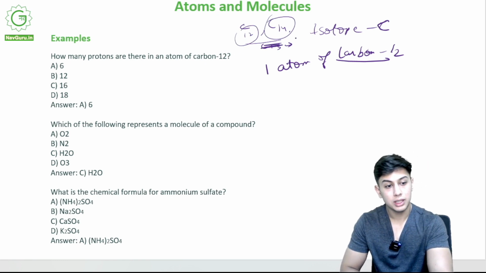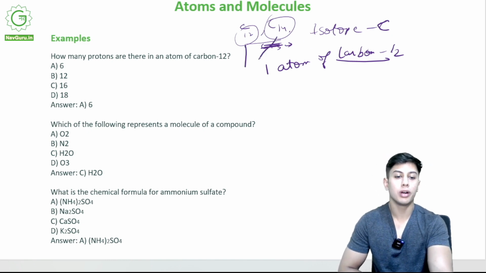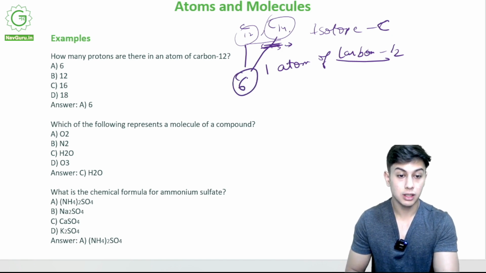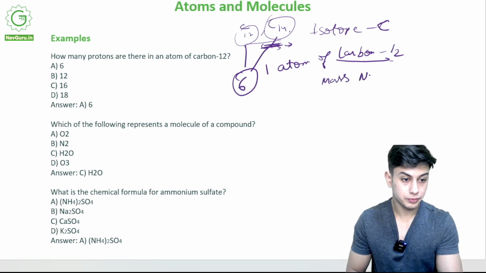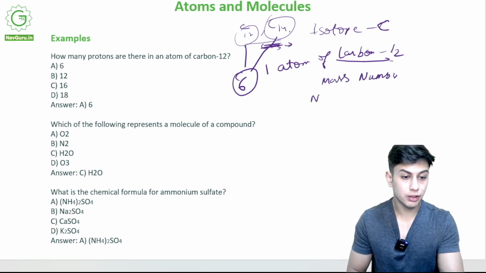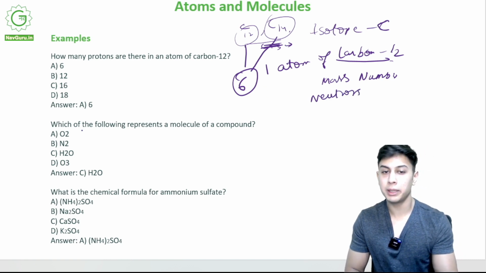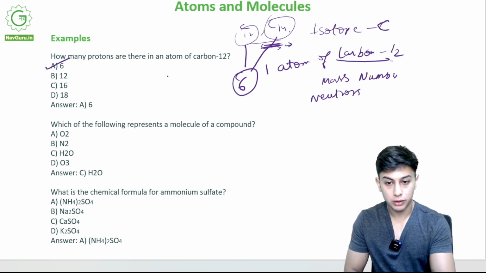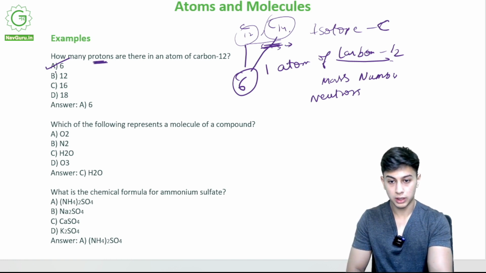Now they are asking how many protons. Whether it was carbon 12 or carbon 14, the number of protons is fixed, that is 6. The mass number changes due to the different number of neutrons, but the number of protons will be the same in all isotopes, that is 6. Don't put 12 over here. They have asked how many protons, that is 6.